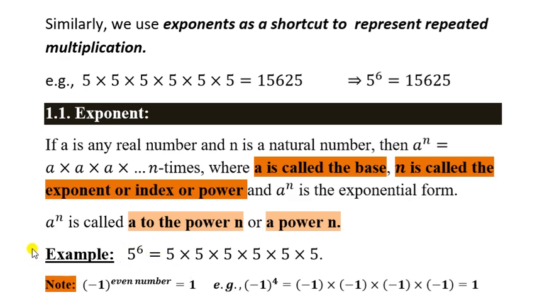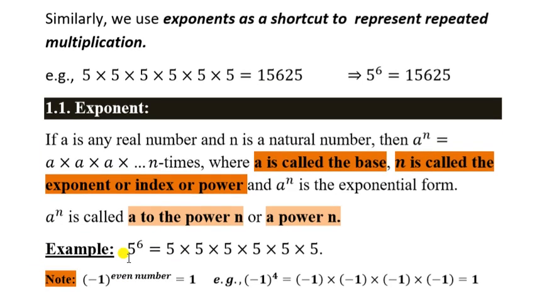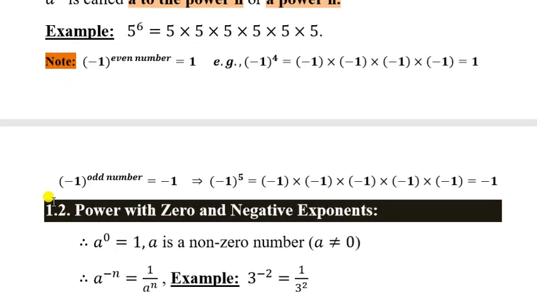Now we have to know about minus 1, because this negative number sometimes makes it difficult to solve some problems. So when it is minus 1 or minus 8, you have to calculate it according to the number.